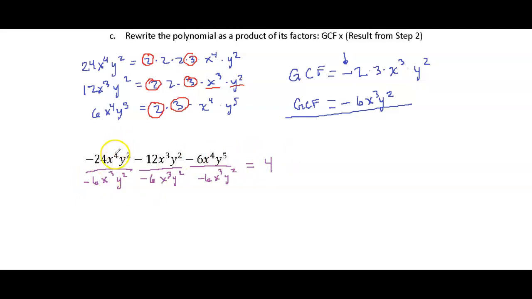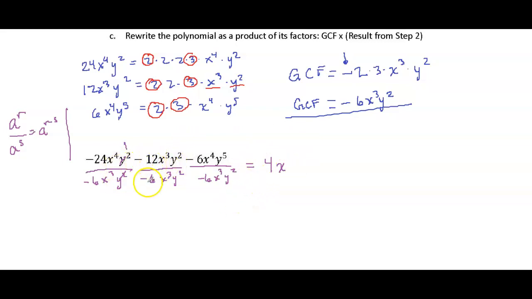X to the fourth divided by x to the third, well, that'll leave us with 1x. And remember, when we divide variables, we are using the quotient rule here, where if we have the same base being divided by each other, we can subtract the powers. So that would be the power in the numerator minus the power in the denominator. So y to the second divided by y to the second, well, that just gets us 1. So we start with 4x here.